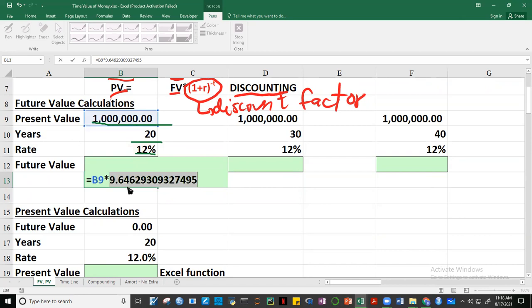So our compound factor, 1 plus the interest rate raised to the 20, is 9.64. And then we multiply it by 1 million. So what do you get, guys? Please chat what you got for the future value.